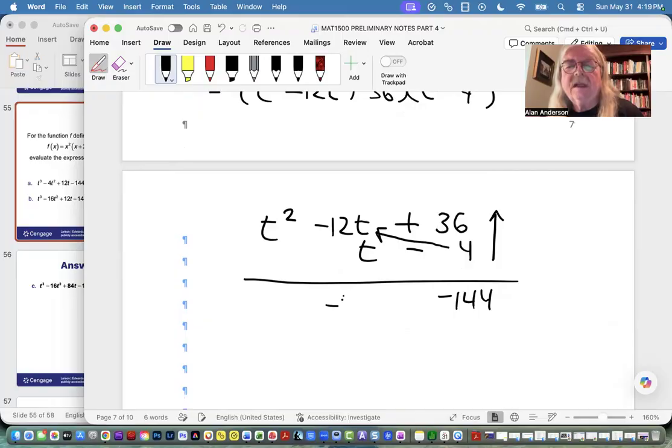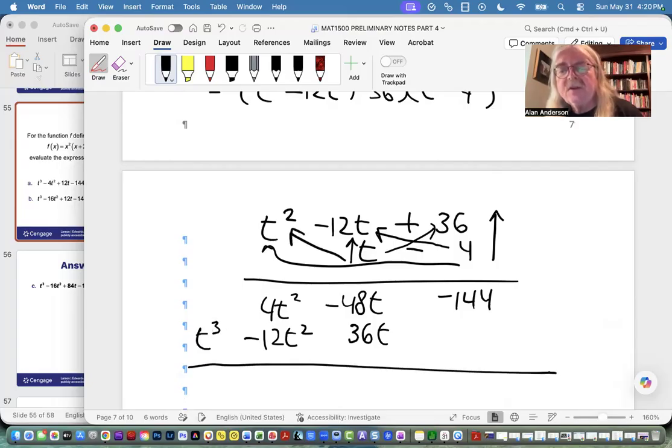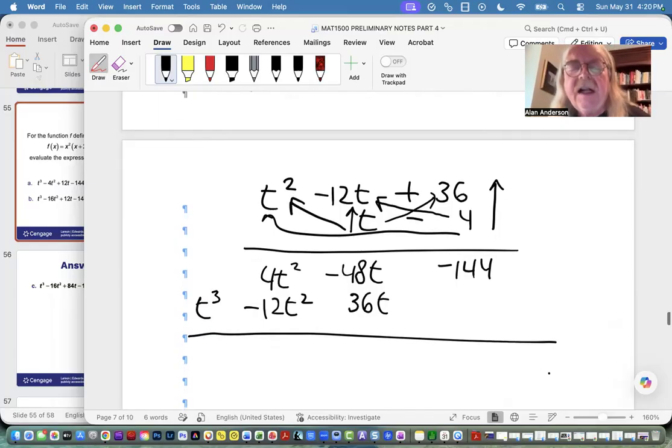That's minus 48t. And then this one would be 4t squared. And then you do the same thing for the t. 36t, minus 12t squared, t cubed. Make sure you line them up. Make sure you indicate which ones are negative, and now you add them.